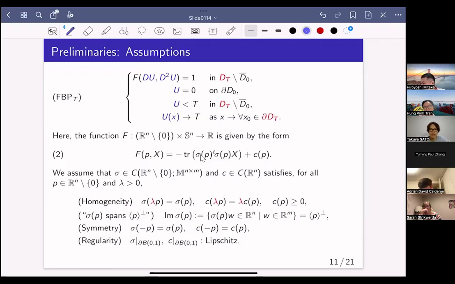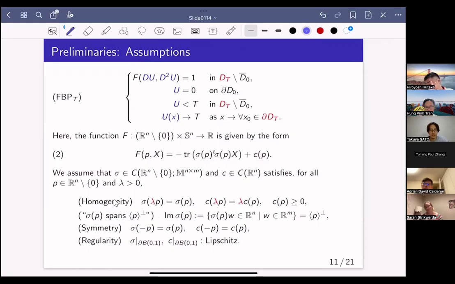Here sigma is a matrix valued function, and c is a real valued function. This c corresponds to the outer force, and this sigma corresponds to the anisotropy for the curvature. The first condition is about positive homogeneity. Sigma is zero homogeneous and c is one homogeneous.